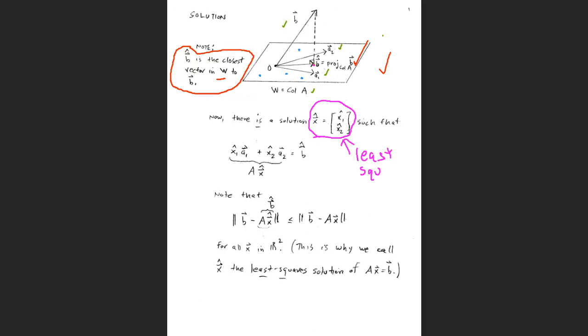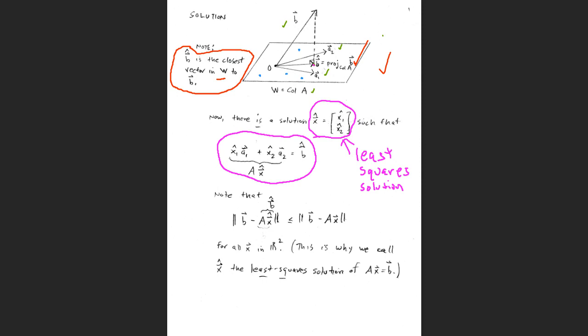Mikhail, x without the hat would be an actual true solution to the system of equations, but that doesn't exist for our situation. But the least squares solution would be the values x1 hat, x2 hat, such that A x hat equals the projection vector.